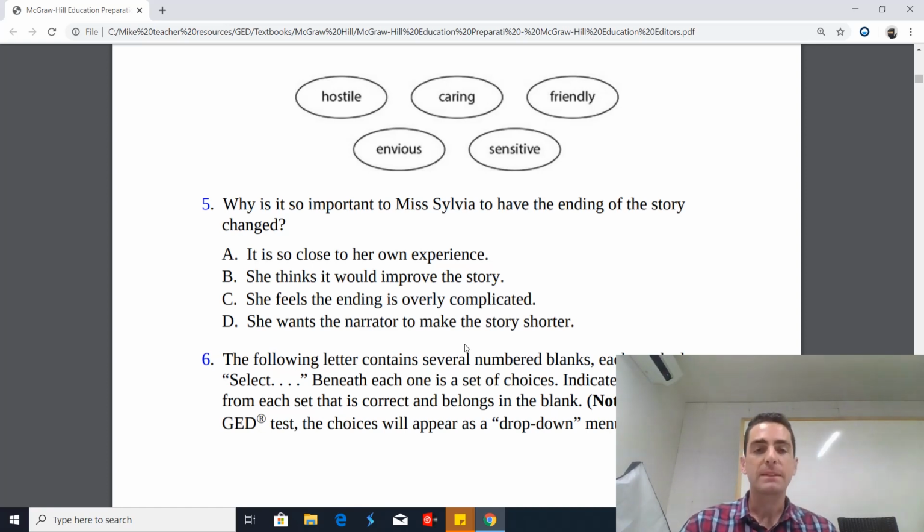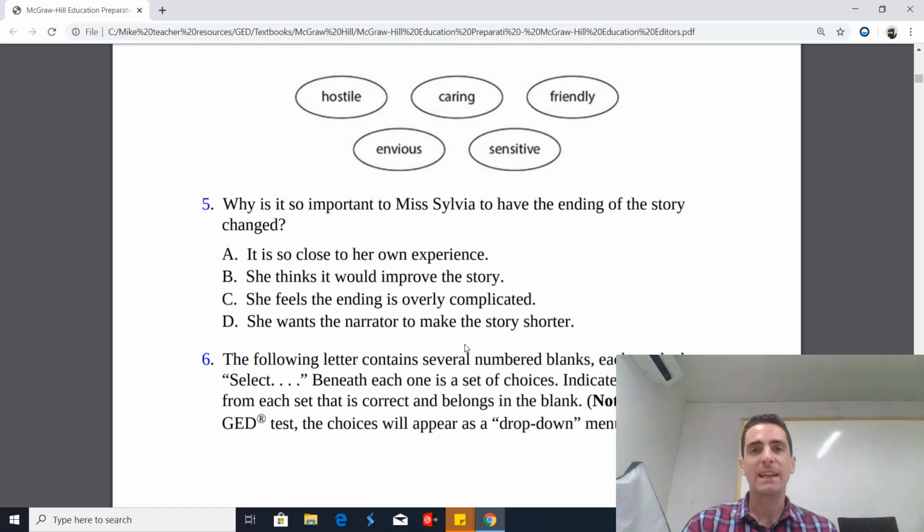It's not D. C, she feels the ending is overly complicated. Definitely not. It's not connected to the complexity of his story. It's just connected to the theme of his story. B, she thinks it would improve the story. Well, perhaps, but that's not really the reason, is it?